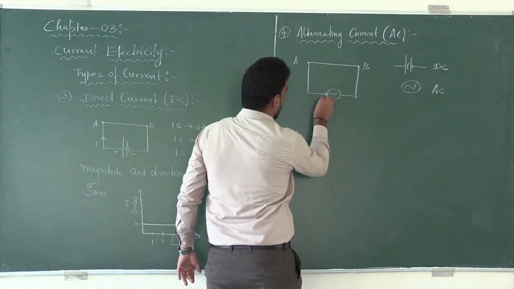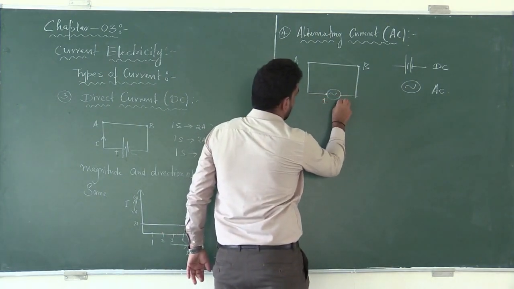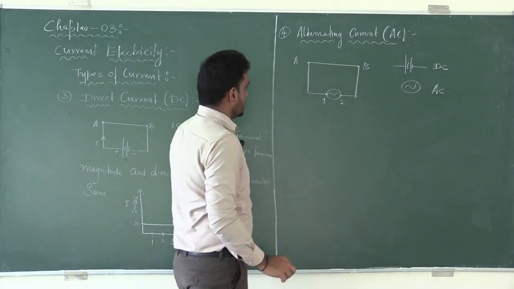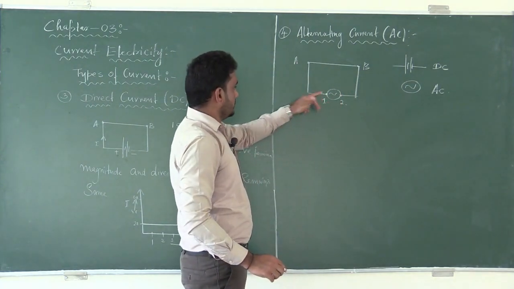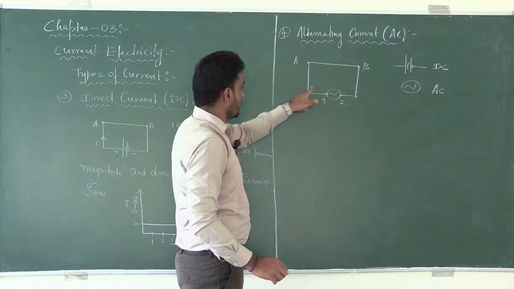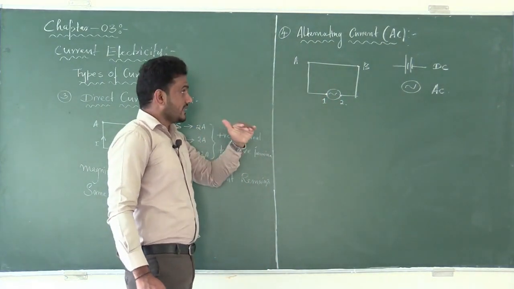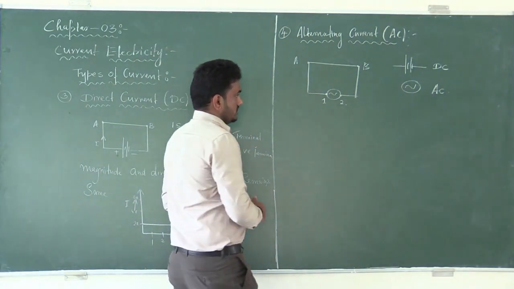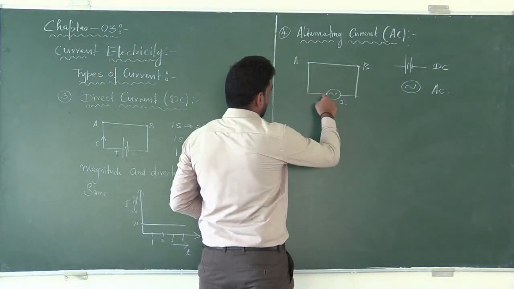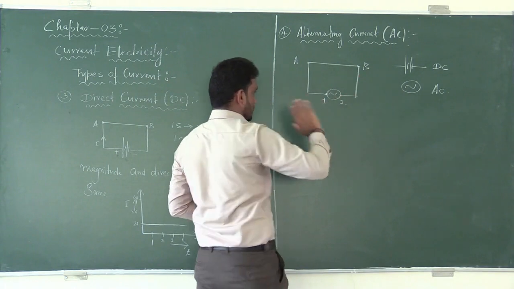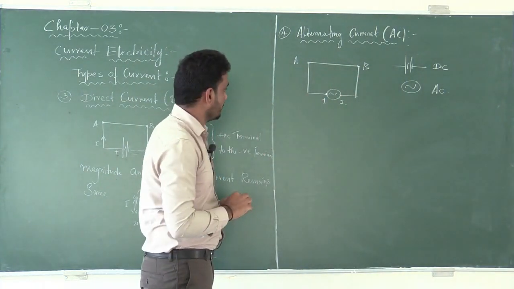This is end 1, and this is end 2. Suppose the current is flowing from end 1 to end 2. The maximum current that flows from one end of the AC source to the other end of the AC source is, for example, 3 amps.